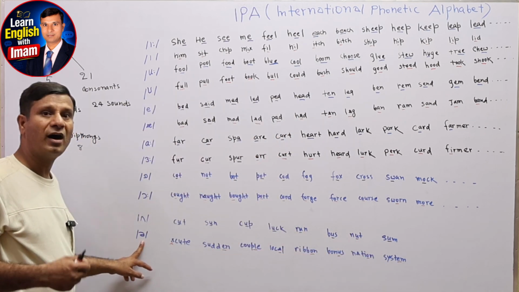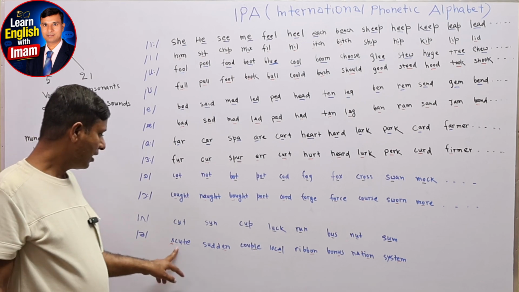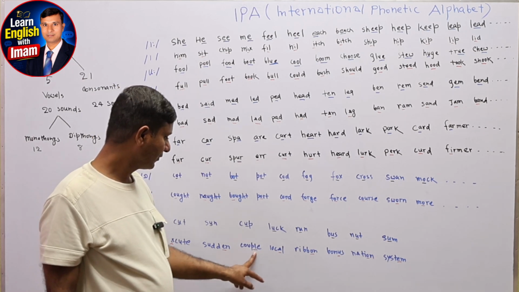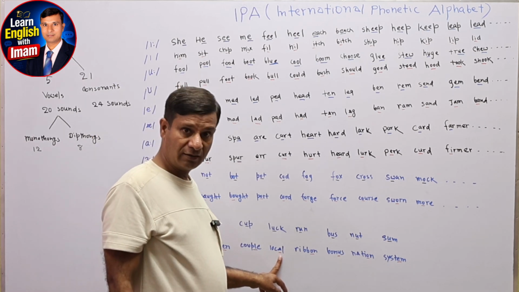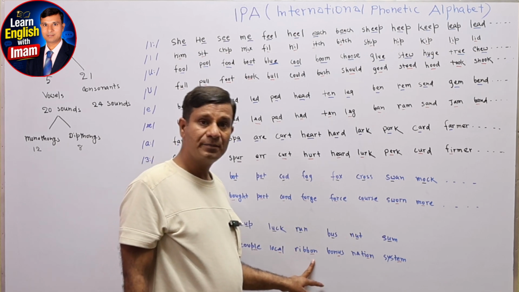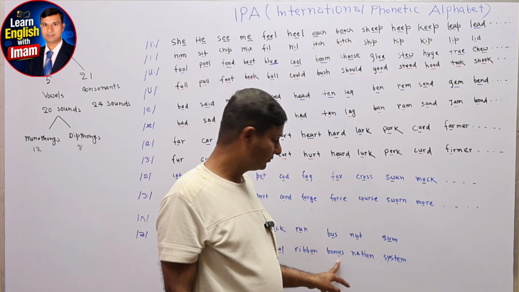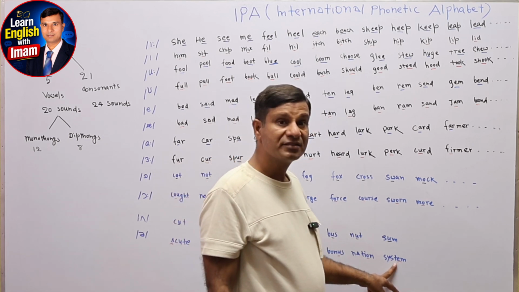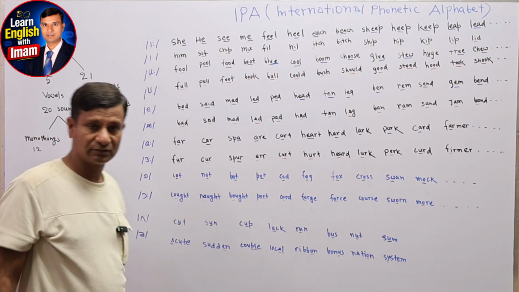We have a very light A: acute, sudden, couple, local, ribbon, bonus, nation, system. These are all monothongs.